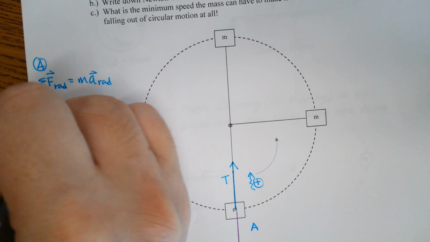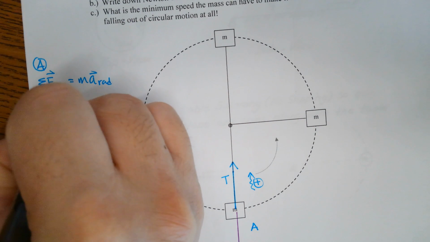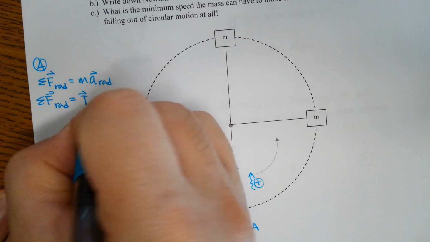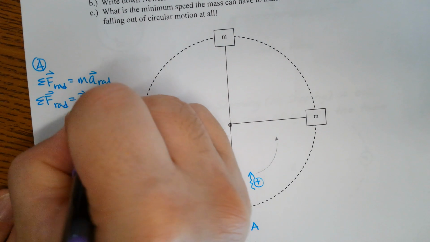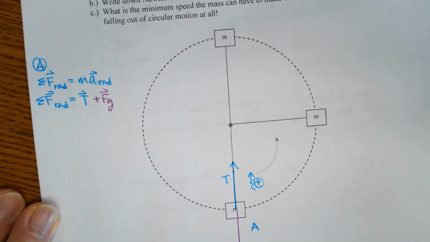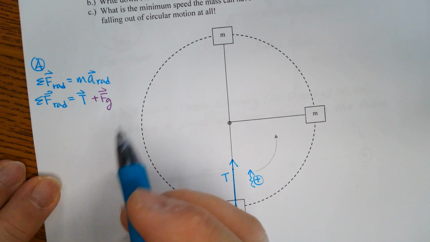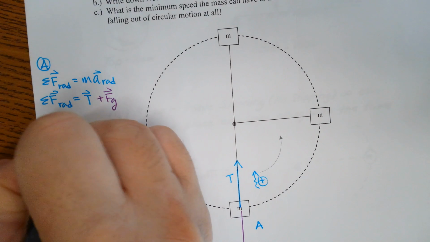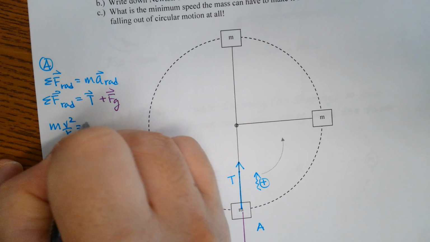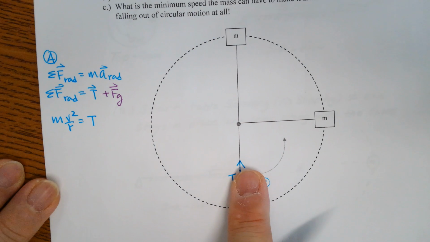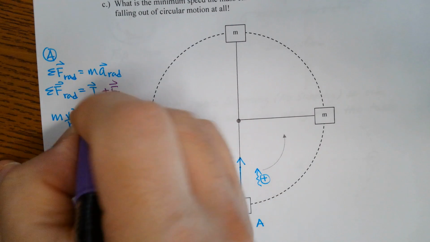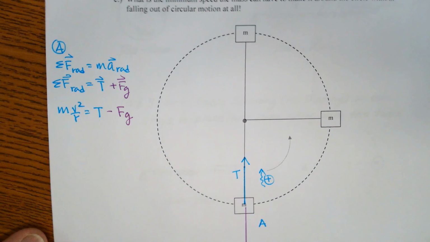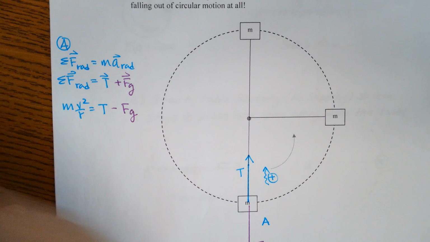There are two forces acting radially, tension and Fg. But we considered the radial direction to be positive, so m v squared over r is equal to tension, which is in the positive direction, minus Fg. So this is important.